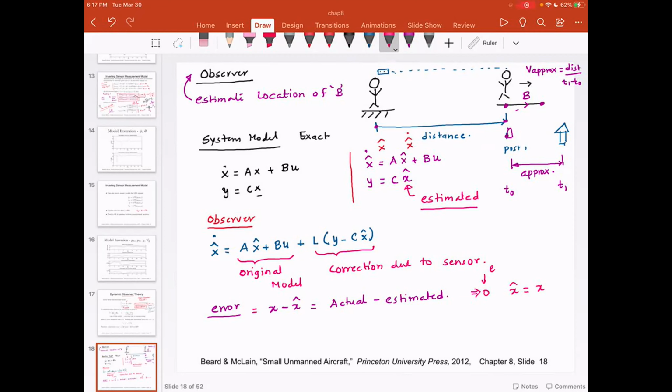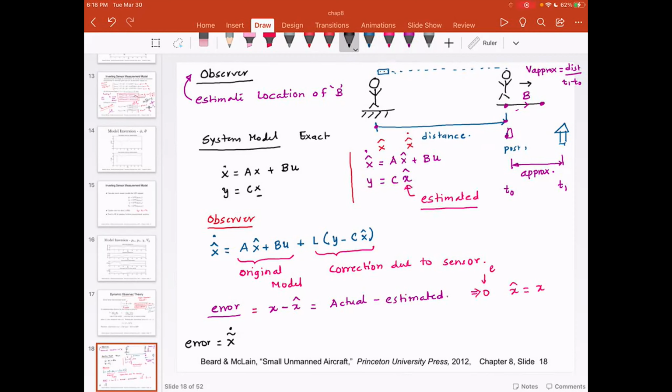So what I'm going to do is subtract the equations, the actual equation and the observer equation. And when I do this subtraction, please understand some interesting things happen. These interesting things give me an equation for error. This is the rate of change of error.